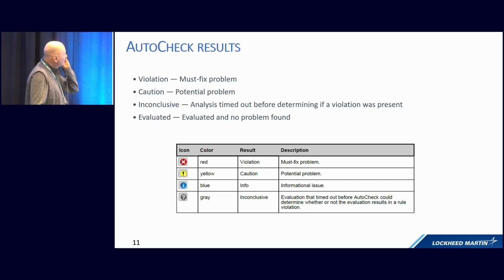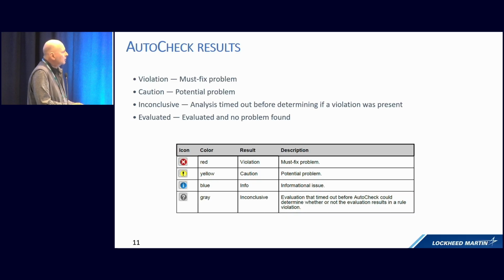And again, these are the categorization of the results. The violations are must fix, the caution is a potential problem, and inconclusive means the tool, in the amount of time given to run, could not determine if there is a violation or if that specific check has cleared. And evaluated means no problem was found.